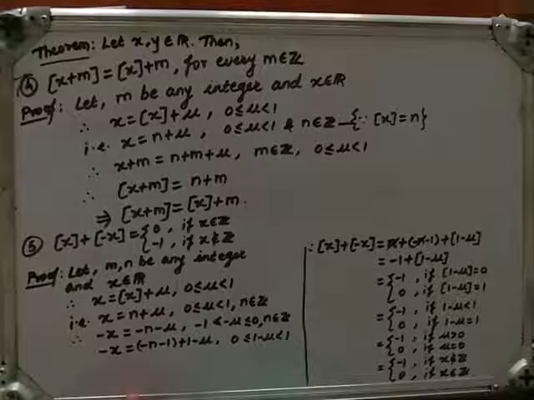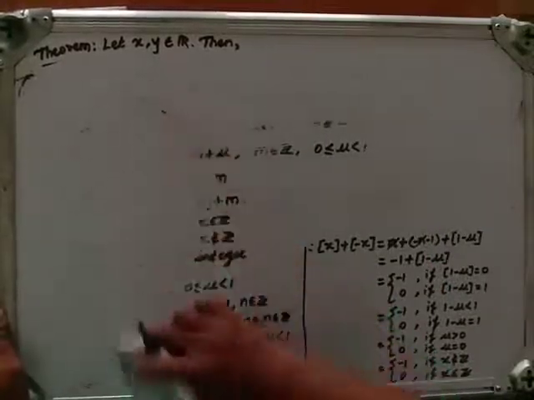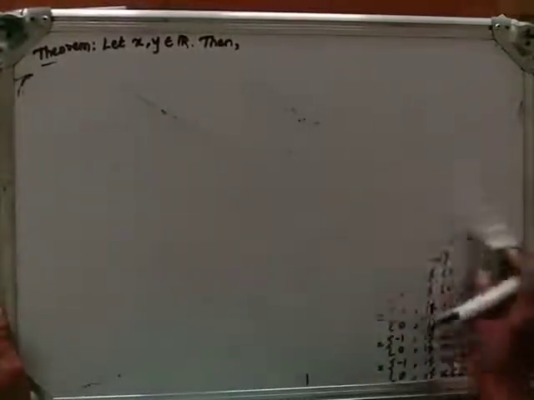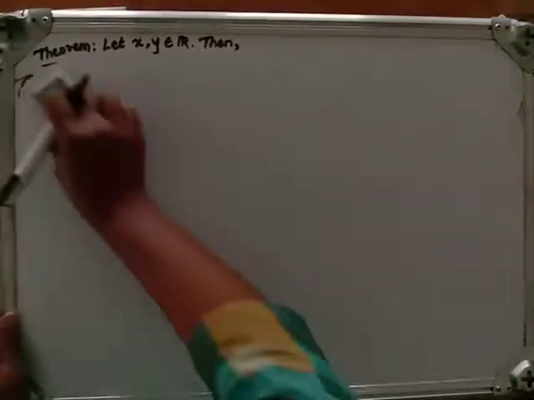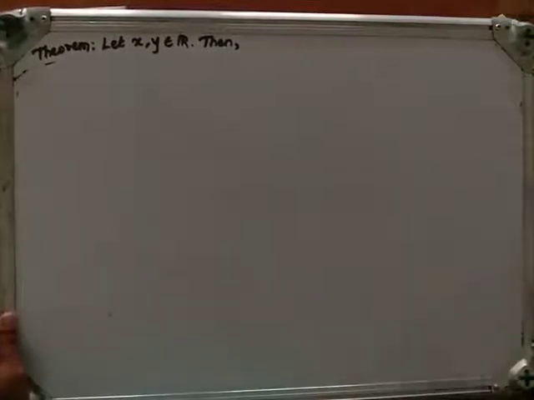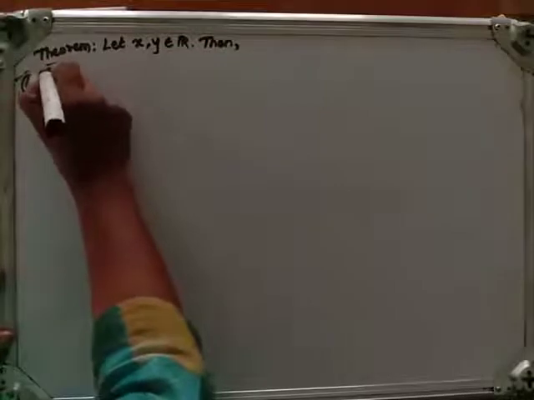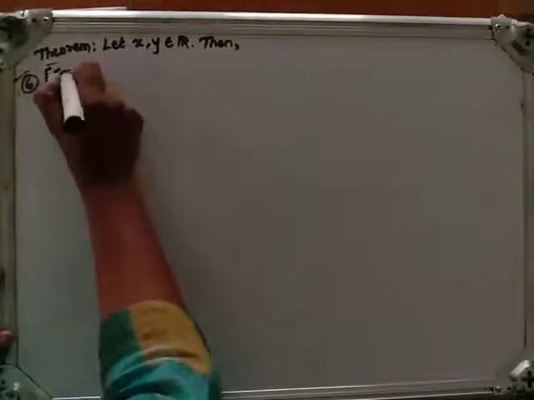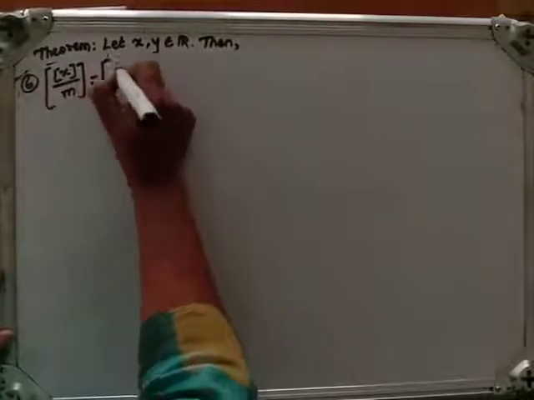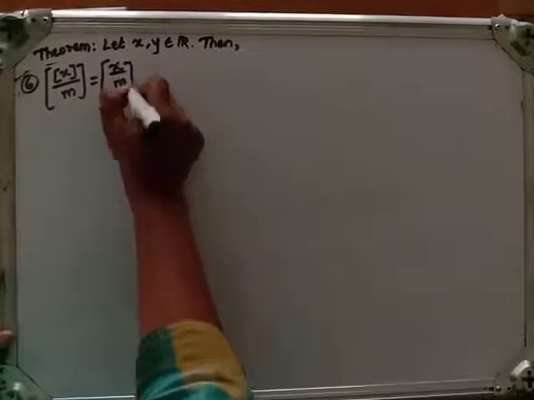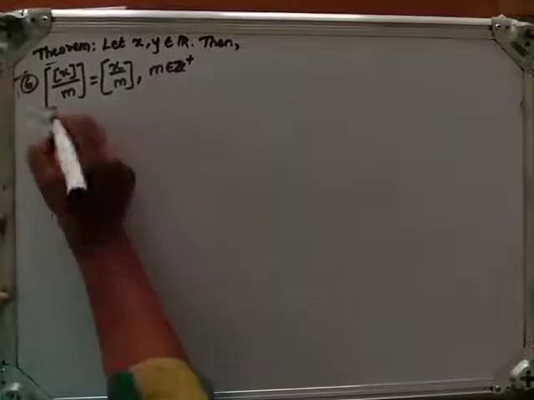Now, let's see the next property. Sixth one, the greatest integer function of x upon m is exactly equal to this one also, where m is in the set of positive integers.